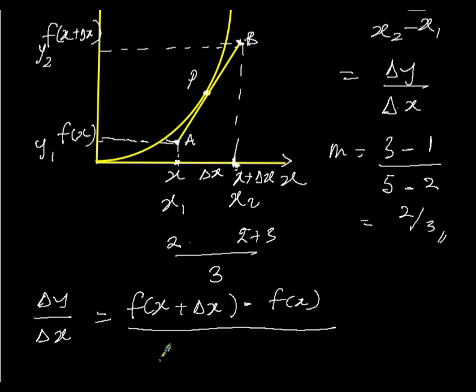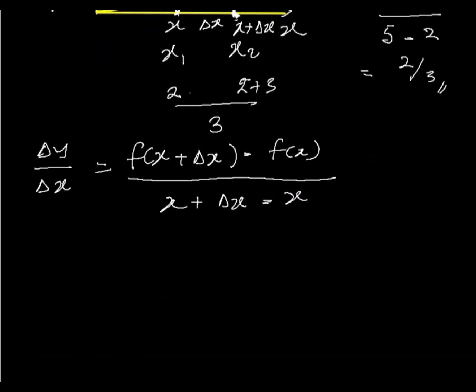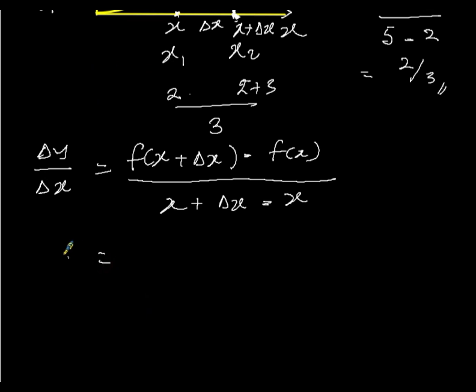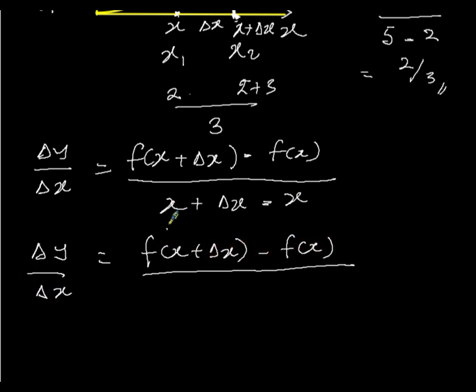Of course, we know x2 is x plus change in x, minus x1 which is just x. So this is what we'll have. And then we can simplify this expression further: change in y over change in x will give us f of x plus change in x minus f of x. Now x minus x will cancel out, and we just have change in x.